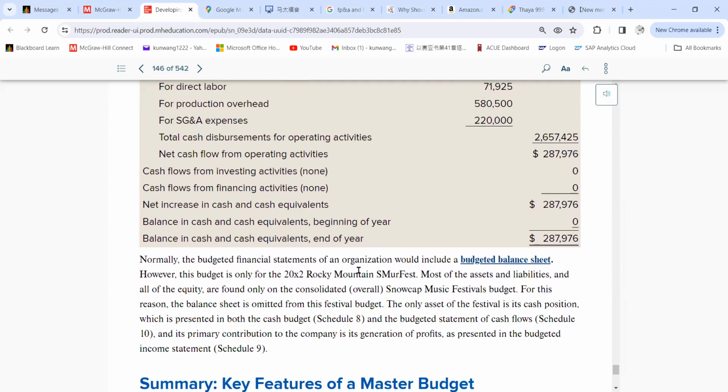But again, this budgeted financial statement doesn't include the balance sheet in this case because this is a one year event. They don't really carry over cash or other types of assets. But we can pick up the balance sheet budget in the related manufacturer example.